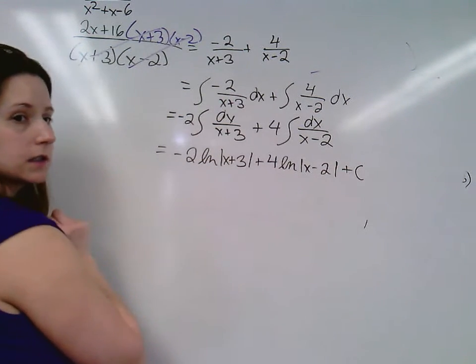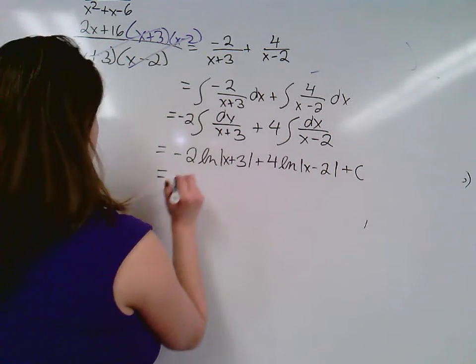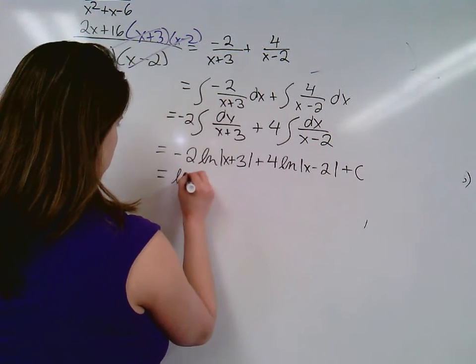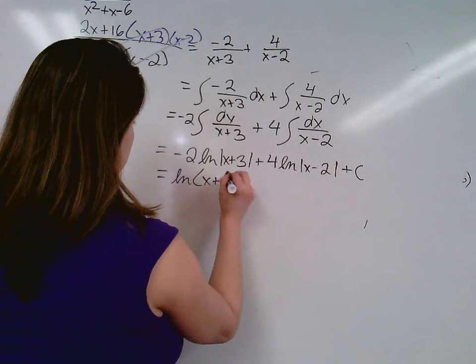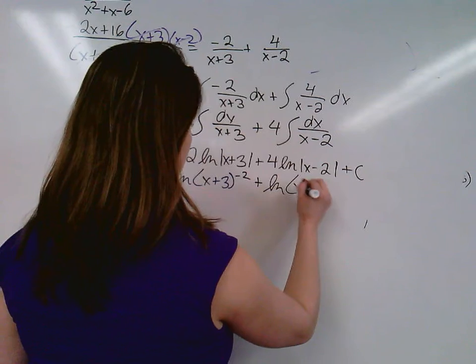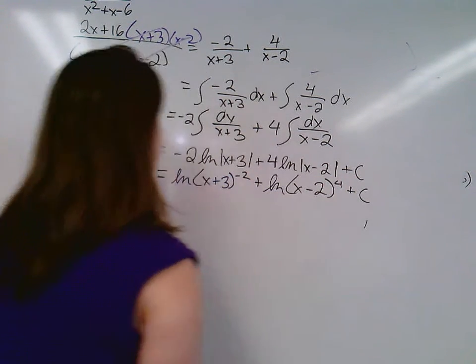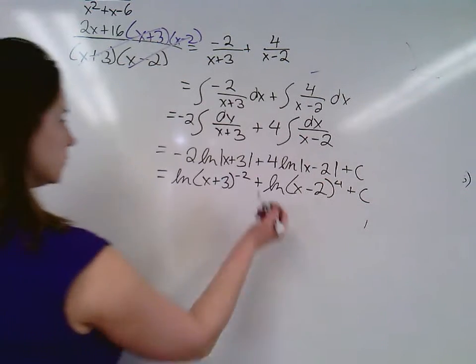going to be an even power. Even power is going to make it positive, which logs are allowed to be. Same thing over here, even power. Okay. Now you're going to do the product rule, because you're adding logarithms.